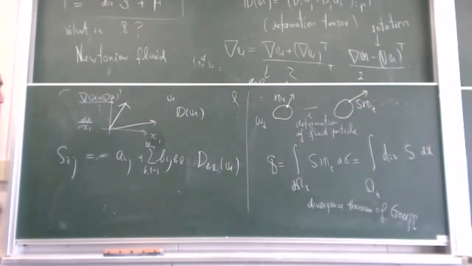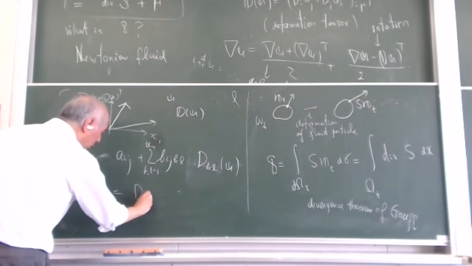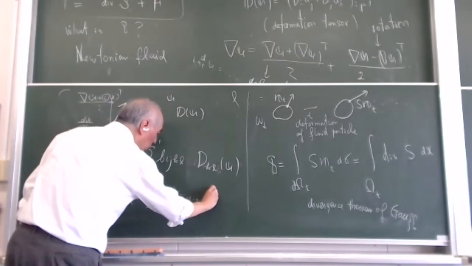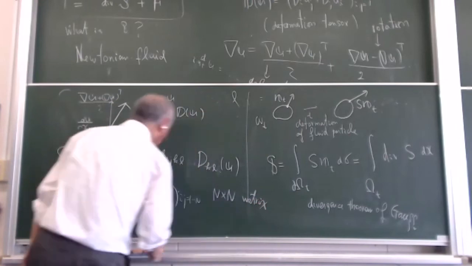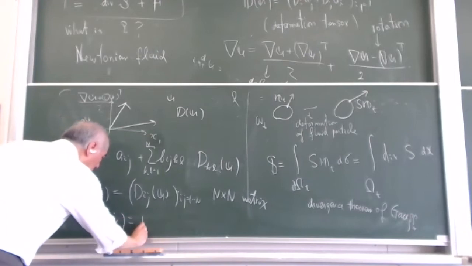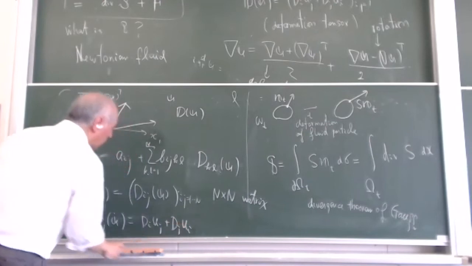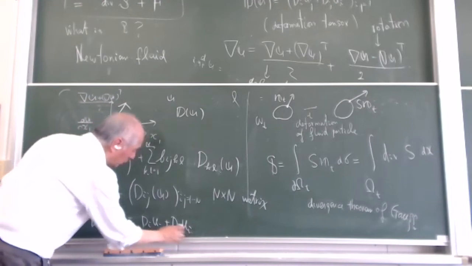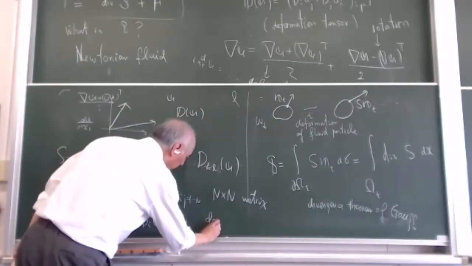So du, L matrix, and then this is the double deformation tensor. Usually we write over 2, but okay, mathematically we don't need over 2. I mean, it's just double the deformation tensor.